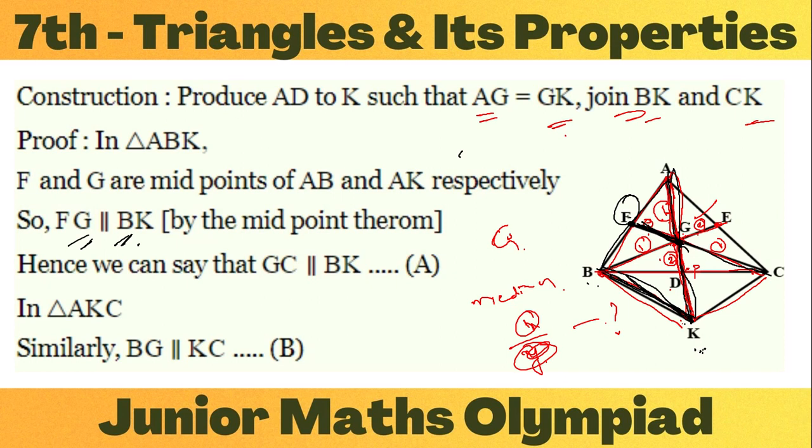In the same way, in this triangle AKC, GE will be the line joining the midpoints, opposite side KC. This GE equal to half KC. That we can take.